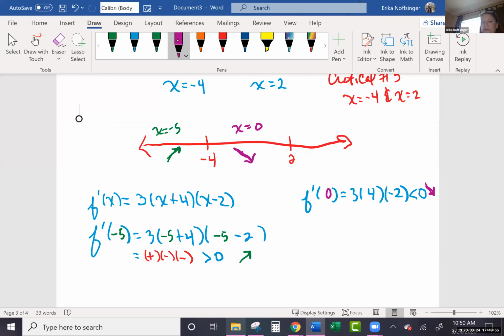And so one more number, I need to choose something to the right of 2. So let's say x equals 3. And we plug that into the derivative. That's 3 all times 3 plus 4 and 3 minus 2.